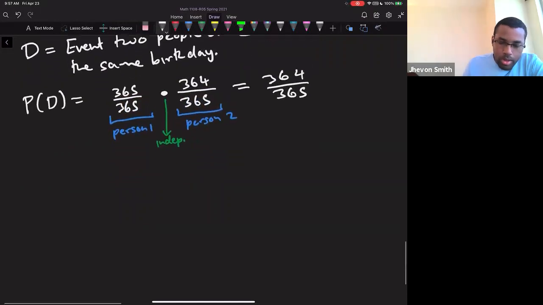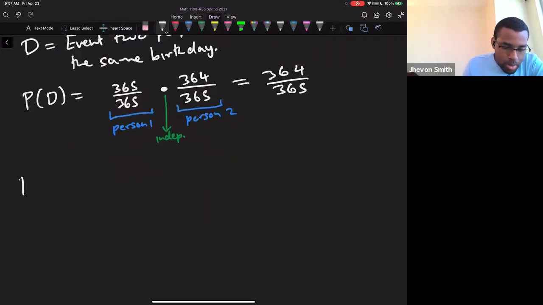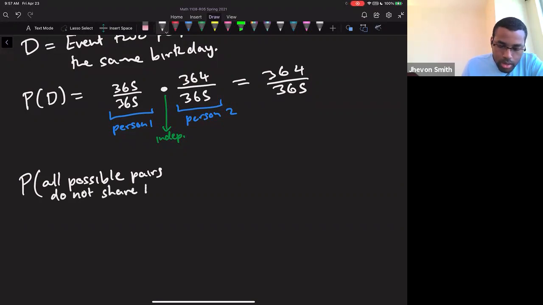So now you want the probability that all possible pairs do not share birthdays.